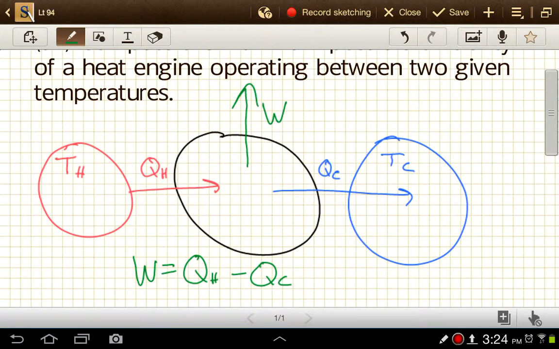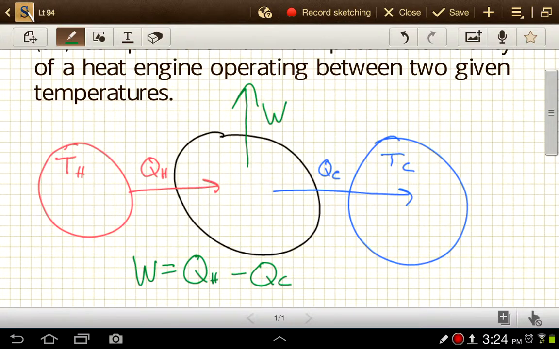Now, if you've ever stuck your hand by the tailpipe of your car or lifted the hood of your car when it's been running for a little while and felt around in the engine block, really bad idea, by the way, you understand that the amount of heat that's coming out of that system is not small. It's not minimized.